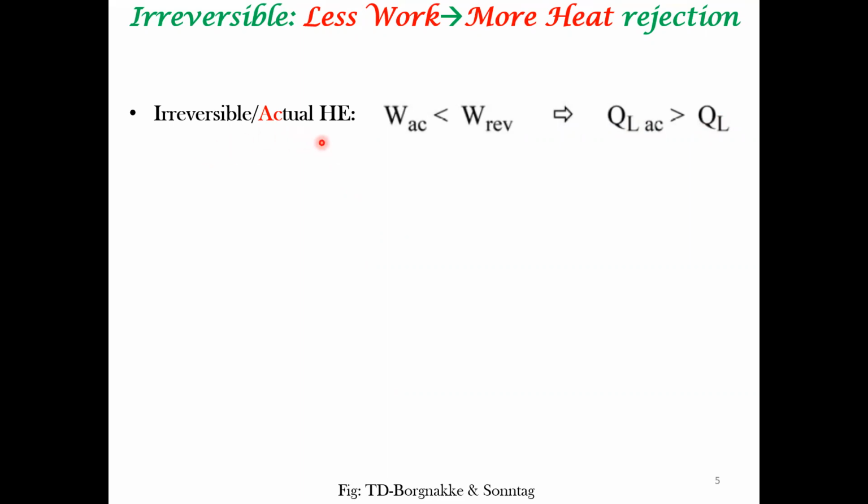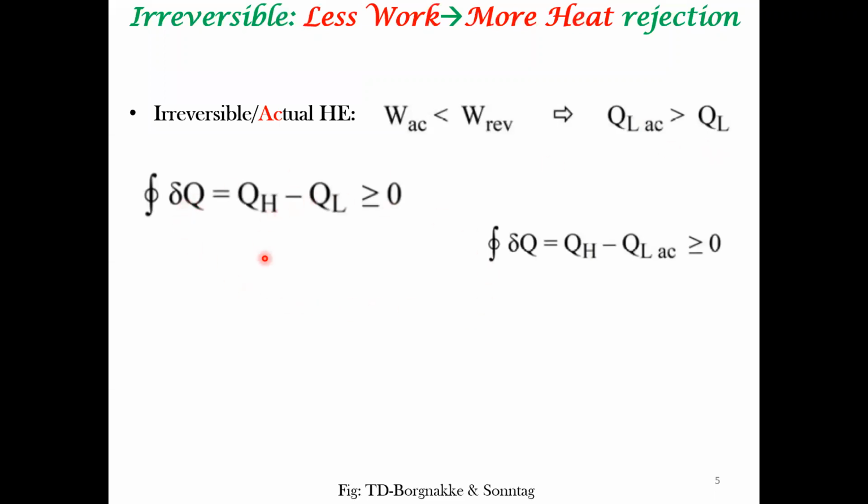For the same amount of heat that is taken in from a hot reservoir, the actual heat engine would produce less work compared to a reversible heat engine. This is one form of second law in some ways, right? Just by first law balance, we can say that the heat that is rejected by the actual heat engine, AC referring to an actual heat engine, is more than the heat that is rejected by a reversible heat engine.